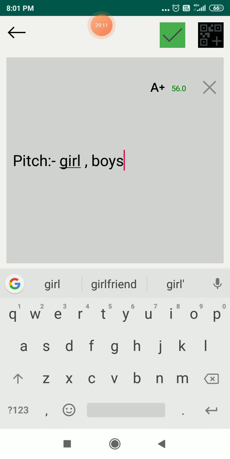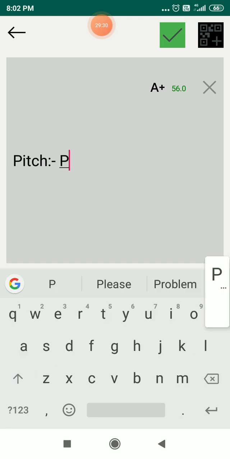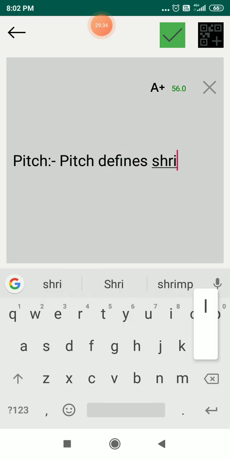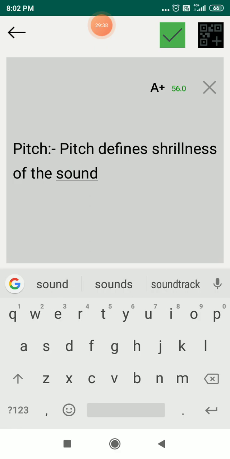Now obviously you might know that when a girl is talking, she always has a high pitch voice. High pitch does not mean more loud, not like that. Pitch defines the shrillness of the sound. You might ask, what is shrillness?